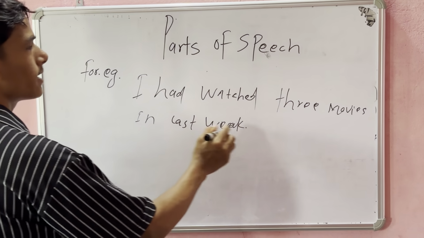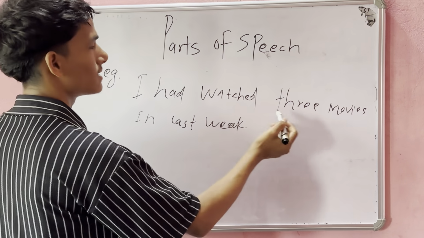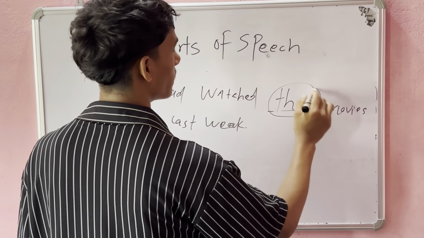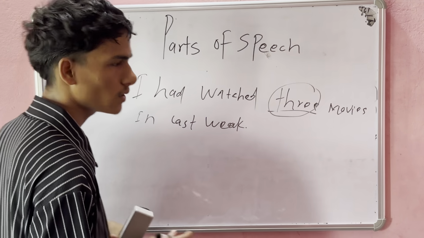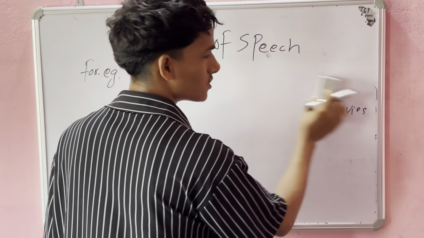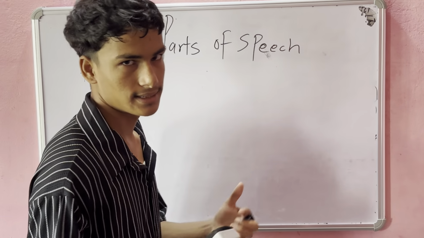Okay, I had watched three movies in the last week. So three is the adjective. Okay, simply, an adjective tells us about quality and quantity in the sentence.